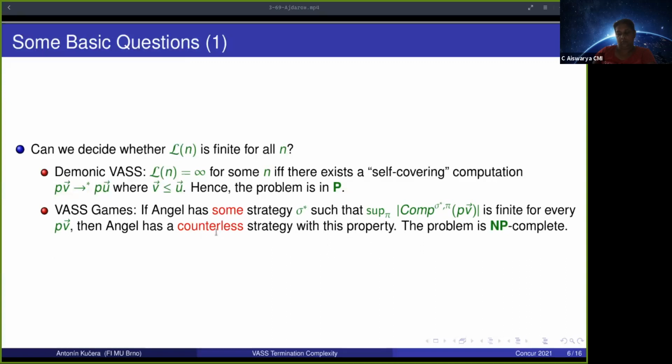A counterless strategy is a strategy depending only on the control state. And this means that the problem belongs to the class NP because we can simply guess an appropriate counterless strategy, implement this into a given VAS game, and thus obtain a demonic VAS where the algorithm of the previous point can be used. And one can show that the problem is also NP-hard. So in fact, the question is an NP-complete problem.